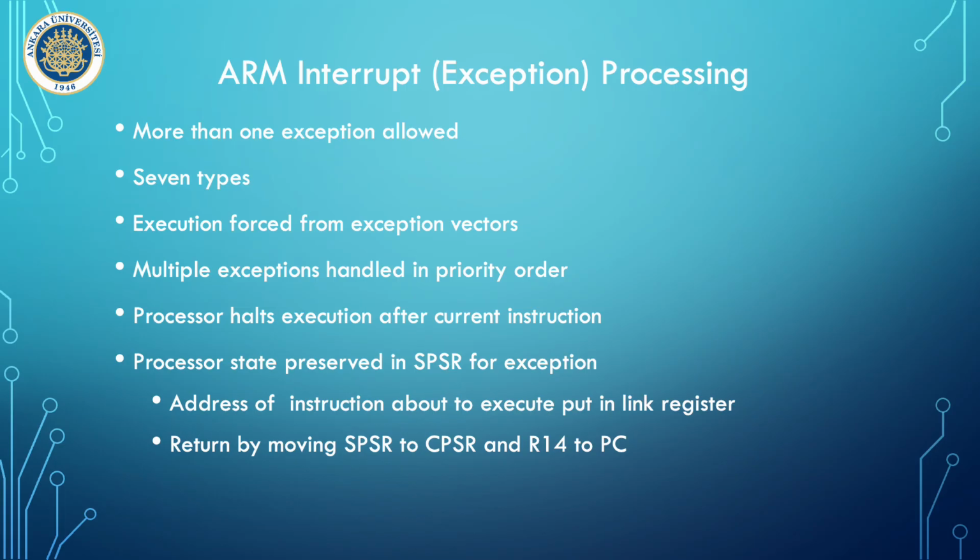It copies the current program status into a saved program status register for the mode and stores the address of the next instruction in the mode's link register. The program counter is loaded with the address of the exception vector, which points to the handler. When the handler finishes, it restores the saved status and returns by moving the saved link register back into the program counter, thus resuming normal execution.